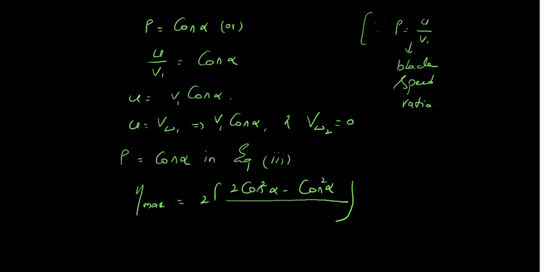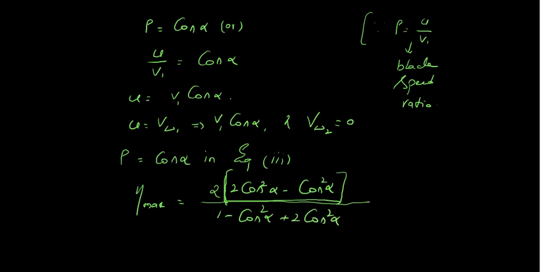I will erase these brackets so that there will be no confusion. I will write it here clearly. 2 times of 2 cos square alpha minus cos square alpha, whole divided by 1 minus cos square alpha plus 2 cos square alpha.